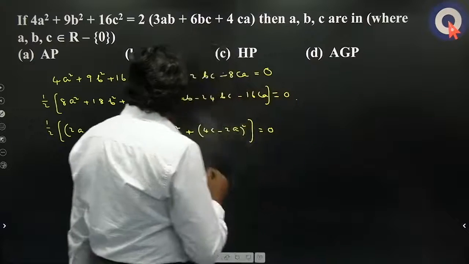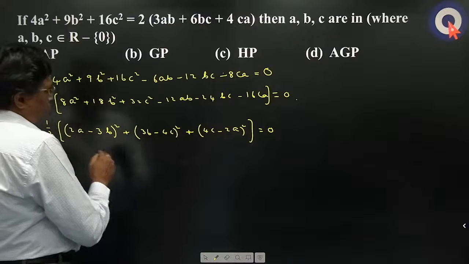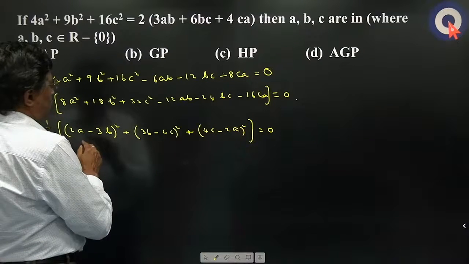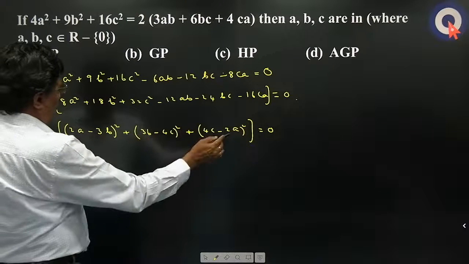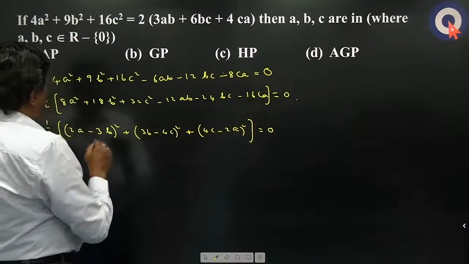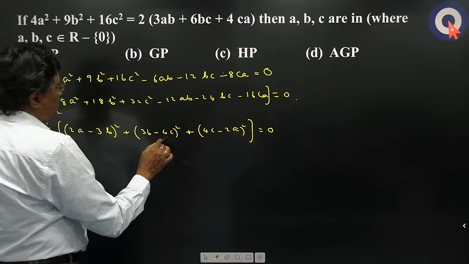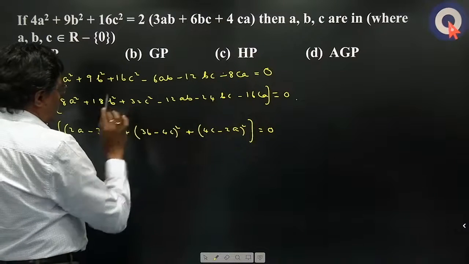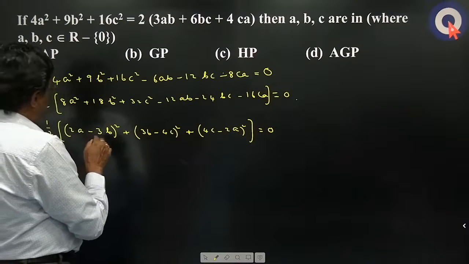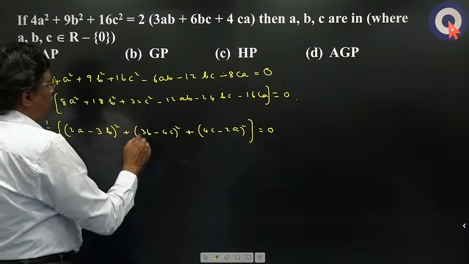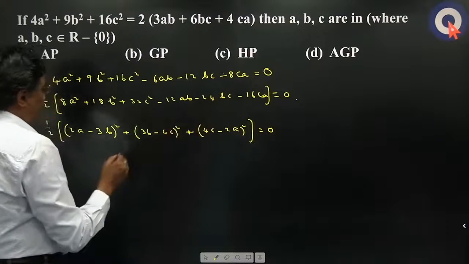But if you want, you can make one check. 4a square here and 4a square, so 8a square. You have 9b square and 9b square, 18b square, and you have 16c square and 16c square, so 32c square, and you have minus 12ab here, minus 24bc here, and minus 16ca here. So it's taken care of.